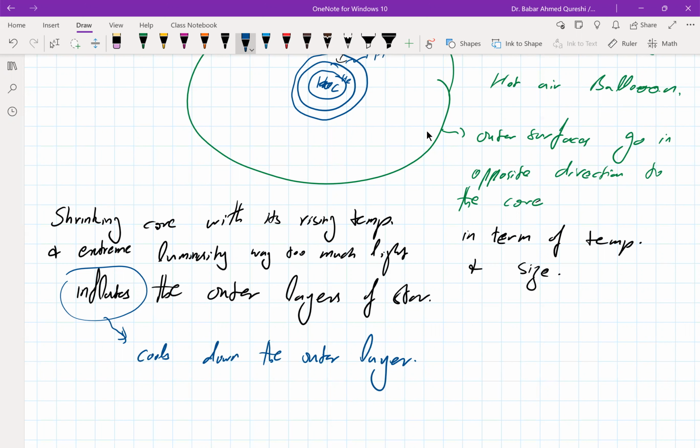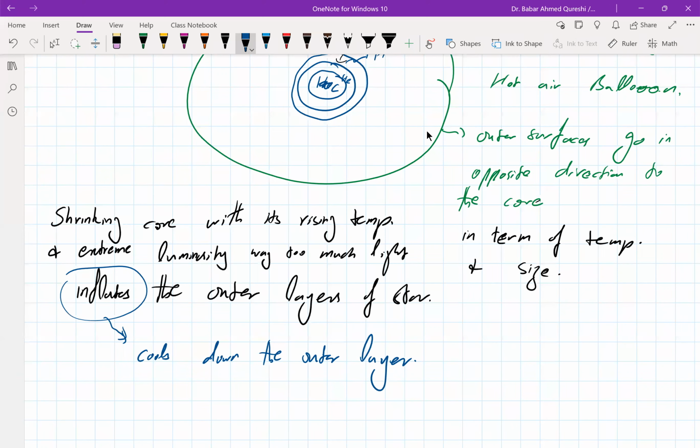So if the outer layers are very large, you can be sure that the core inside is extremely hot now. So they go in the opposite direction. But if the outer layers are small, then it's probably a normal main sequence star. And if it's cold, then the core is also cold, because there's not much mass in the star to heat it up.